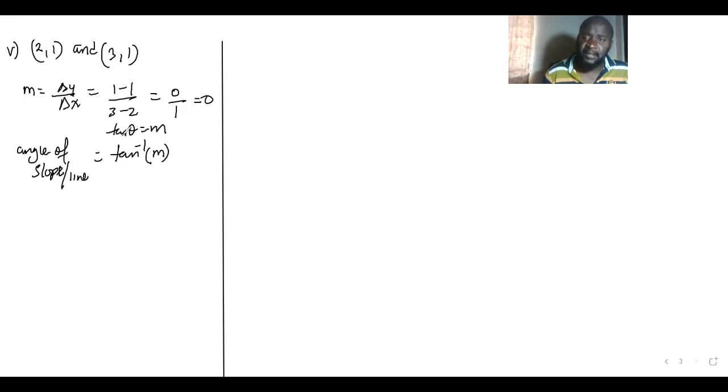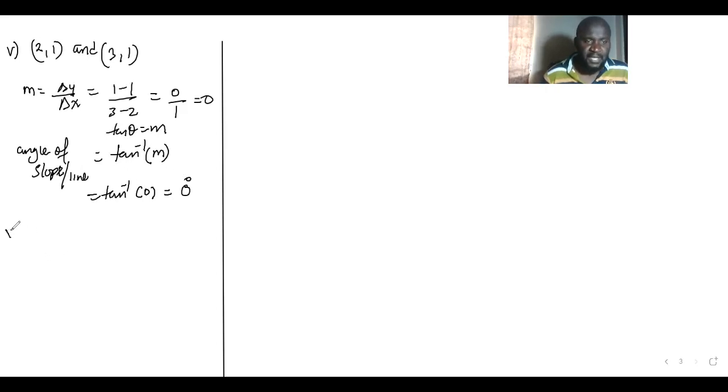So if I want theta, it's equal to tan inverse of m. This would be tan inverse of 0, which is also 0. So that angle will be 0 degrees. So it means the line is parallel to the x-axis.